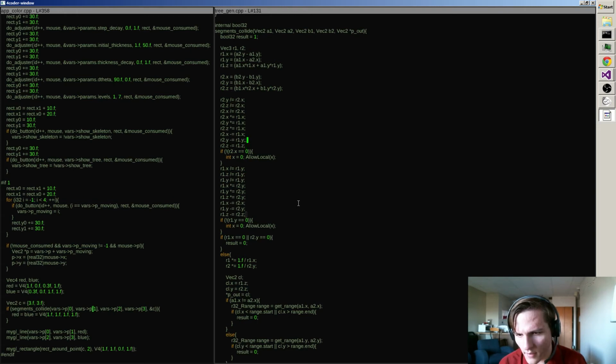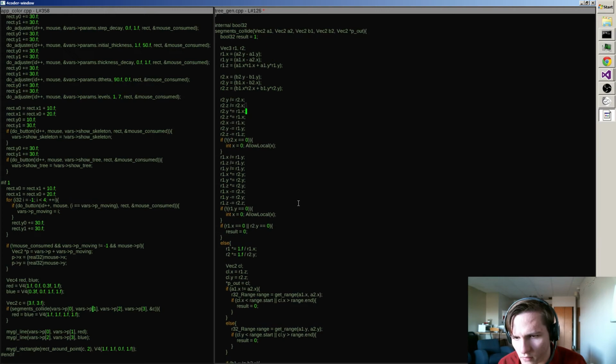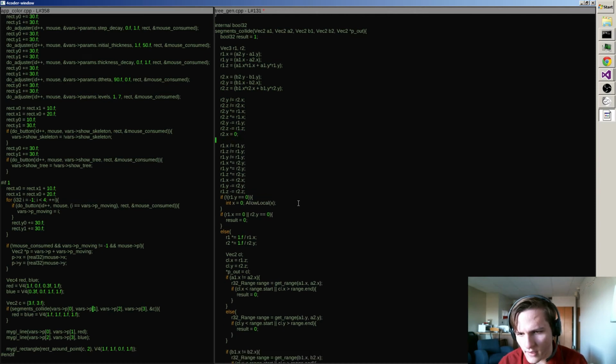So, let's talk about possibly doing some optimizations here. These x's there, and there don't need to happen at all, because when it's all done, the math says r2.x should equal 0. Right, and then we're just going like that.